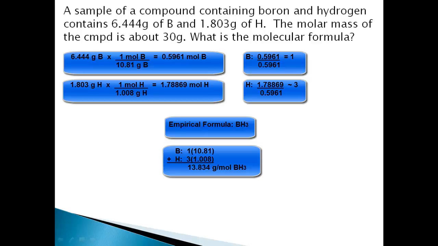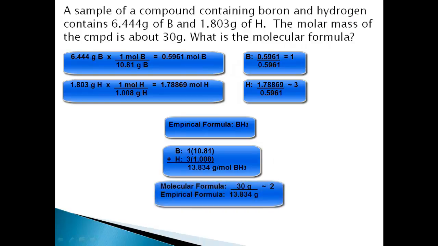So all I gotta do is say, okay, if the molecular mass weighs about 30 and this empirical formula I just added weighed about 13, well, divide it. I would say 30 grams of the molar mass divided by what the empirical formula weighs, and that gives me close to 2. These are approximations.